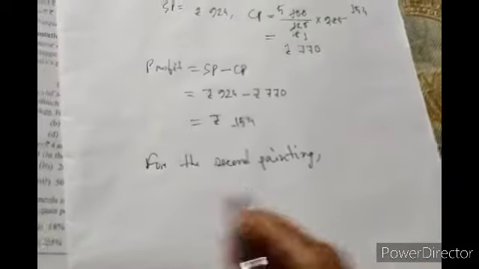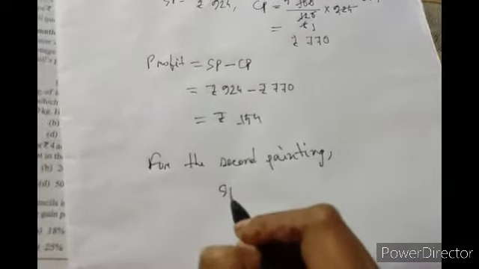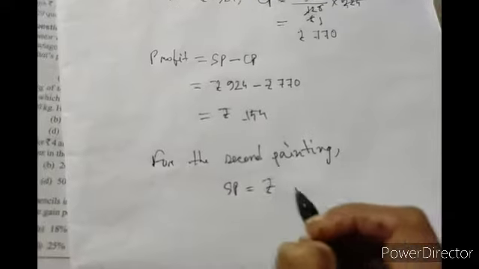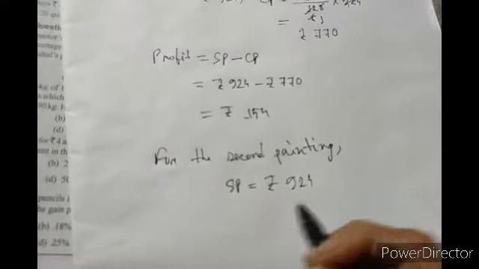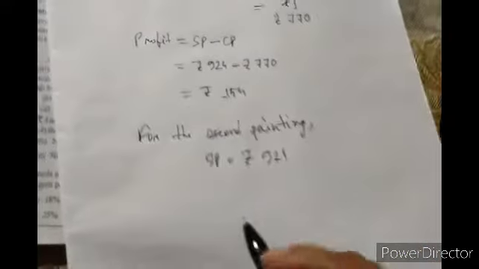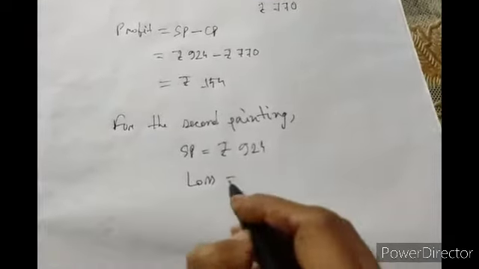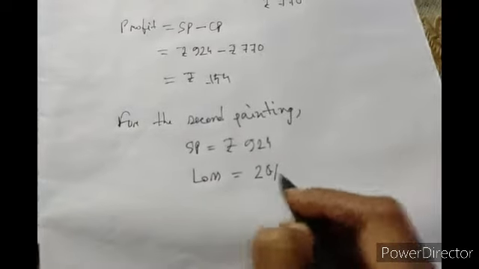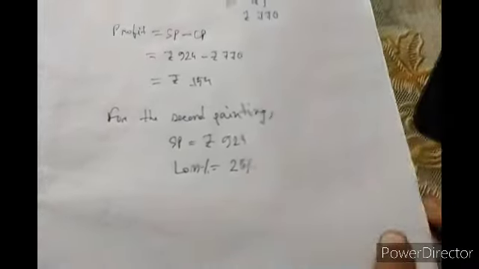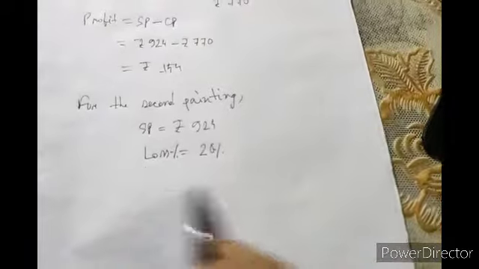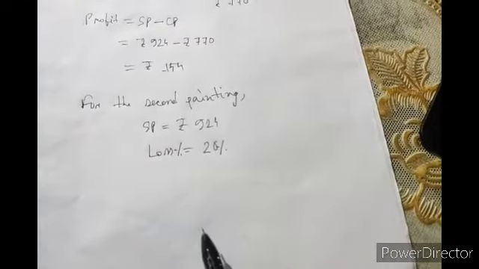Now this is for the first painting. Now let's solve for the second painting. For the second painting also the selling price is given. Same selling price for both paintings. Selling price is rupees 924. Now here is loss. In the second painting he incurred a loss of 20%, that means loss percentage is 20%. Now tell me, loss means what?